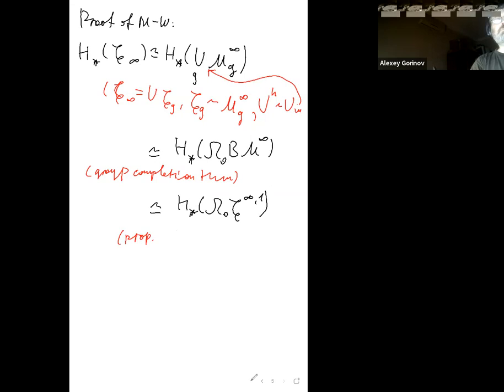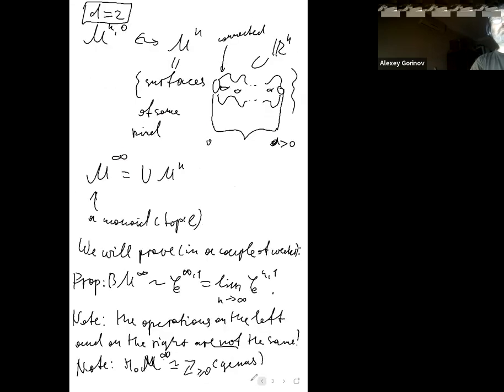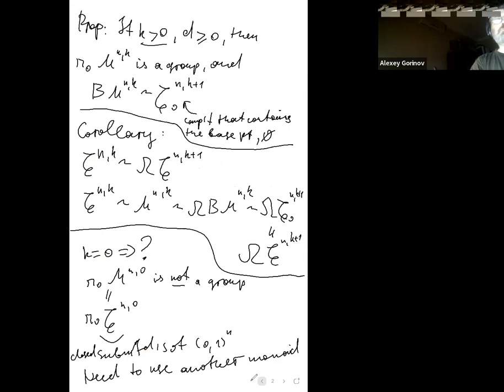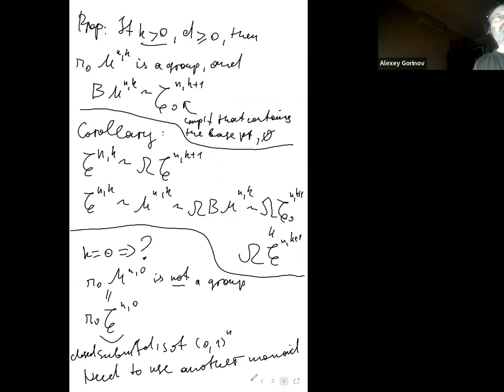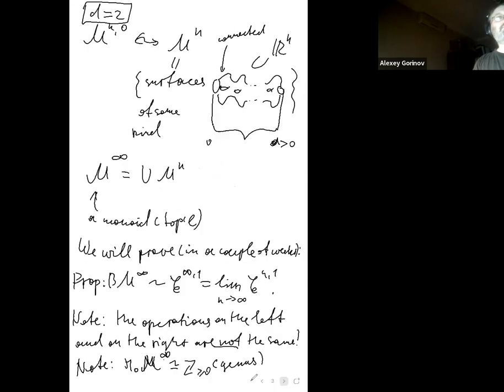Let's see which one. The proposition on page 3.